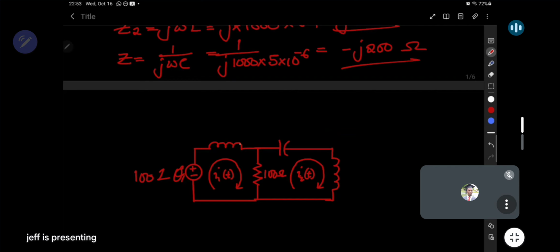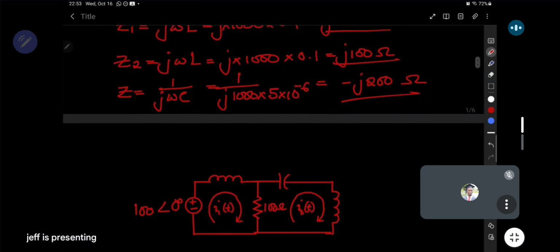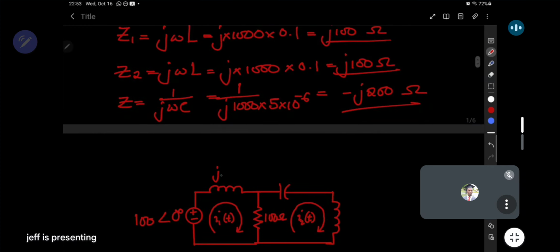And then finally, we go to the other elements. These inductors, they both had j100 here. This one had minus j200. And finally, this had j100.